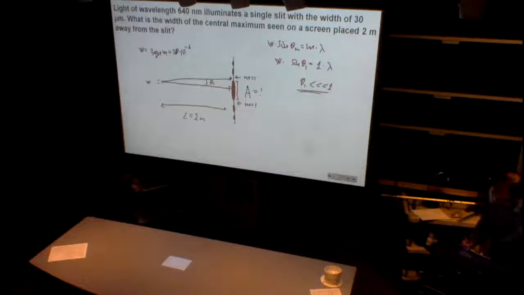However, if we use this approximation, now we can use this angle to calculate a half of A. This is what we used to call L1, and this is 1/2 of what we're looking for. So 1/2 of A, which is L1, from this triangle, L1 should be equal to the distance to the screen times tangent theta 1.